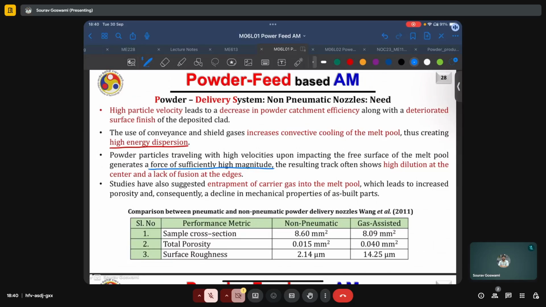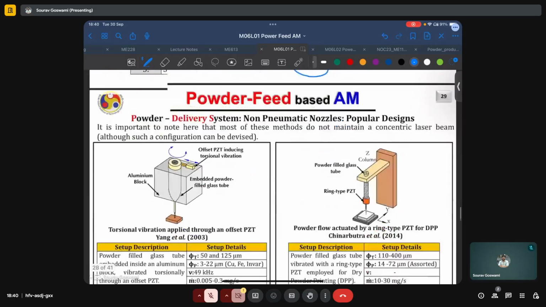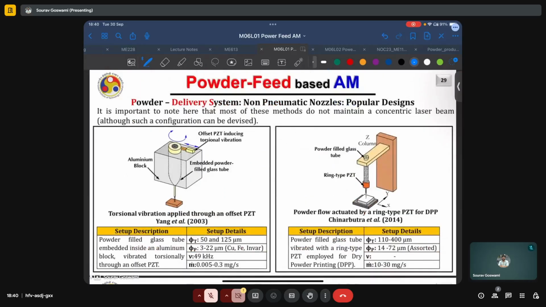The total porosity, quantified in a cross-section area, is also smaller, and the surface roughness is far better than that obtained by a gas-assisted build process. The mirror finish is around 1 micrometer, and here we can get a surface roughness of close to 2 micrometers, which is, of course, very good.